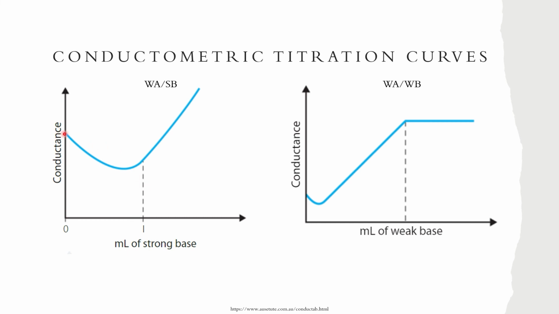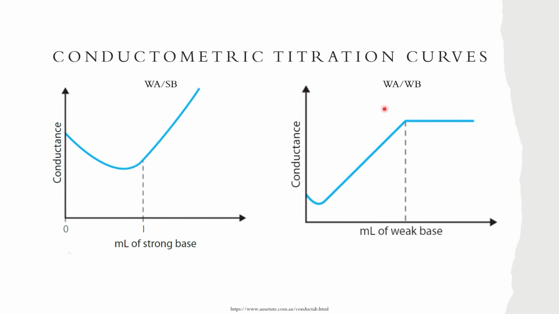Looking at our other two graphs, if we start with a weak acid, our conductance is going to be relatively low compared to what we would see when we add the strong base, where it really starts to kick up. The point where it begins to curve and turn is where we would say the equivalence point is. That's where we're going to start to see a kick up in hydroxide concentration and a big and swift increase in conductance.